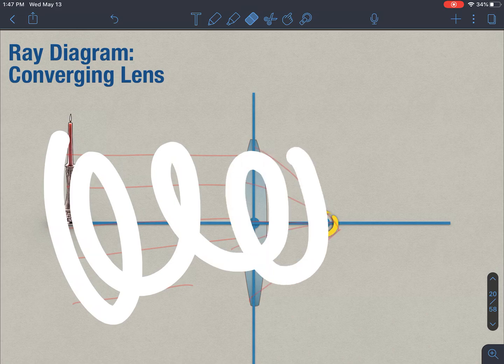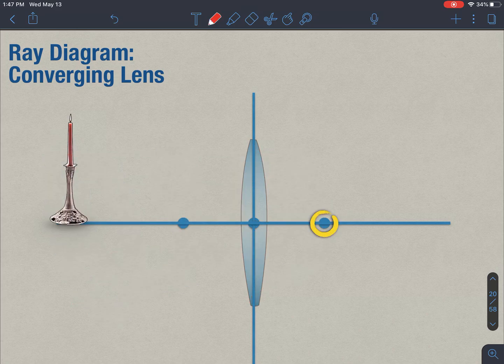Nothing big to note for that right now, though. But what we are going to have to do in a lot of our activities today and for about another week or so is scale them. Since we don't all have the same pieces of paper, if you print it out, it might be a different size than everybody else's. If the problem tells you it is a 2 centimeter focal length, we assume that this first dot is 2 centimeters.